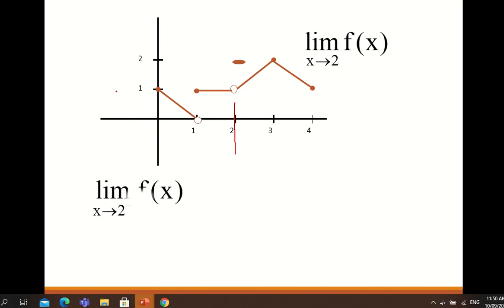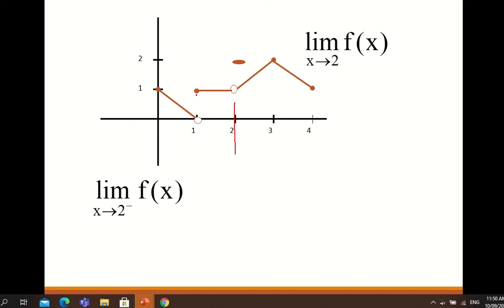The limit as x approaches 2 from the left: we have to trace this graph again. Coming from the left towards 2, it goes down as the value is closer to 1, and then we cannot find the value here.